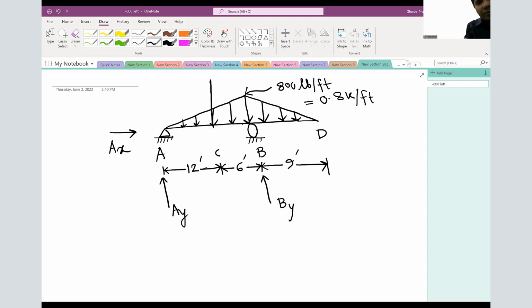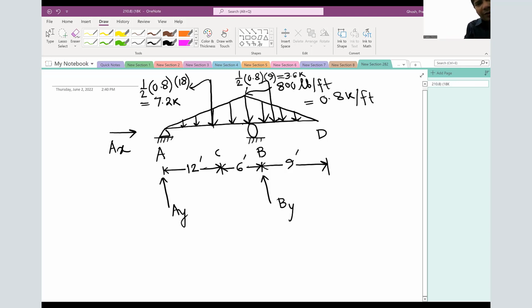One triangular loading from this side, which is half times 0.8 times 18, which is equal to 7.2 kips. The other triangular loading from this side, which is half times 0.8 times 9, which is 3.6 kip.